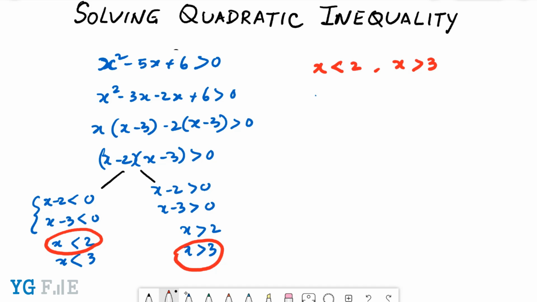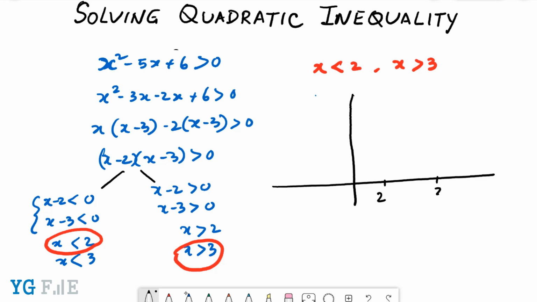Let us try to plot it once so that we can get a feel of which regions of values of x are the solutions. We'll use an xy plane here and mark 2 and 3 on it. We want all the values of x when x is less than 2.